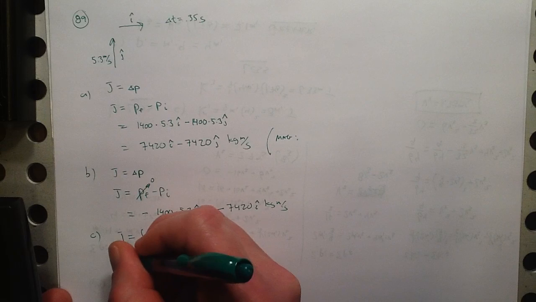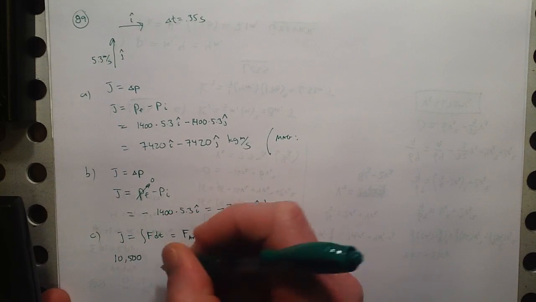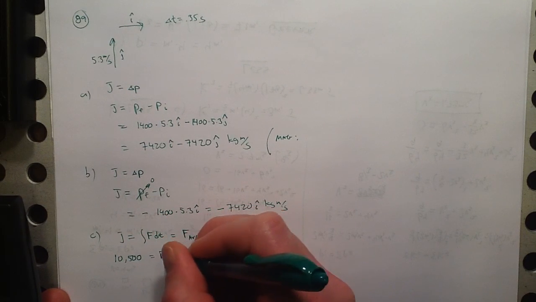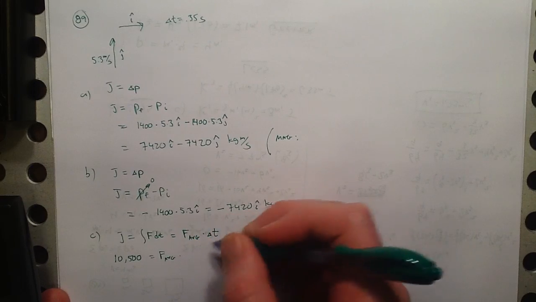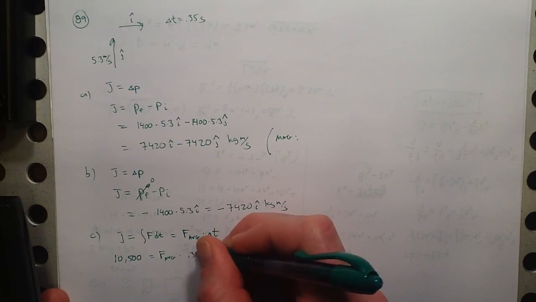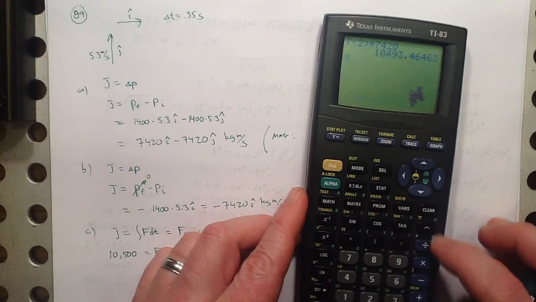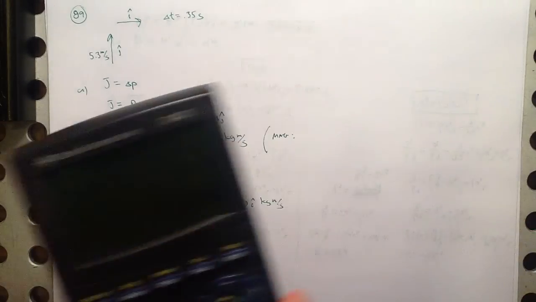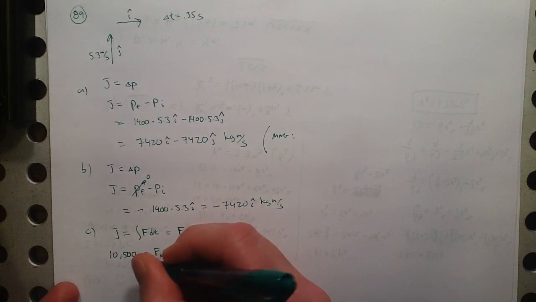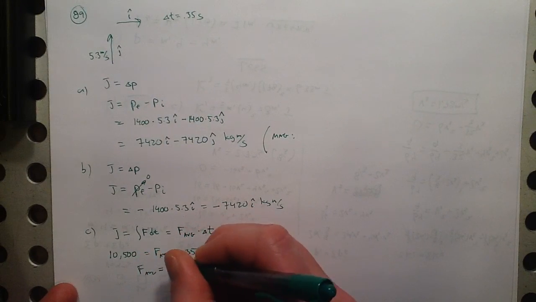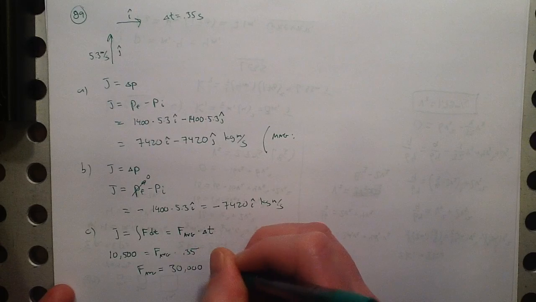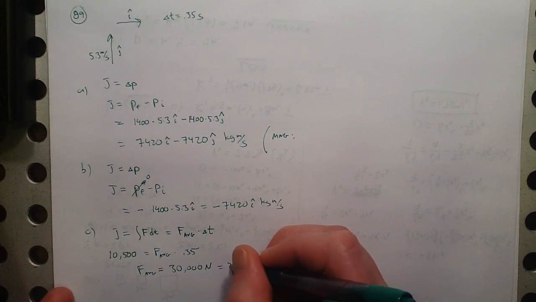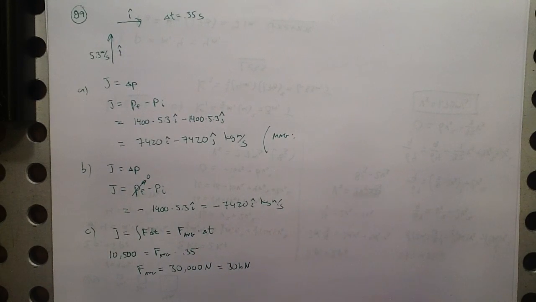That's the magnitude. And then the time interval is 0.35 seconds. So divide by 0.35 seconds. It's about 30,000 newtons, or 30 kilonewtons, if you like.